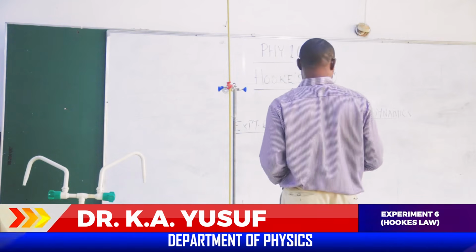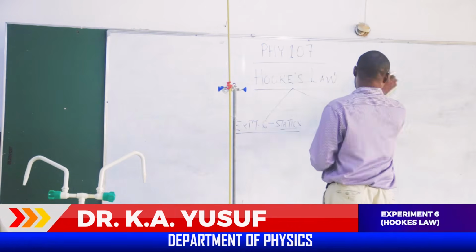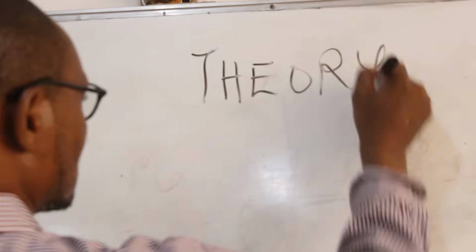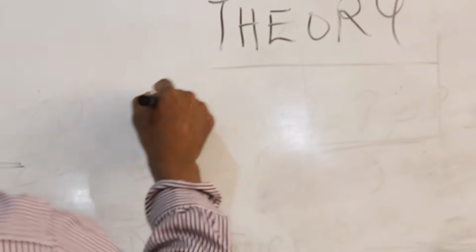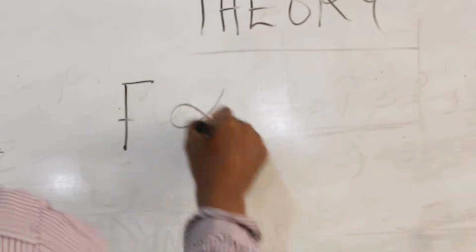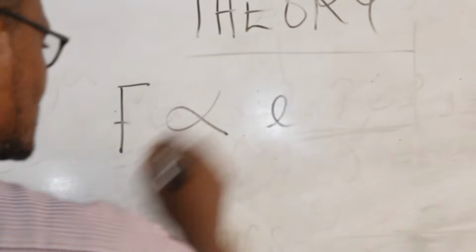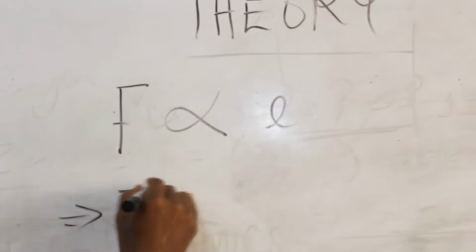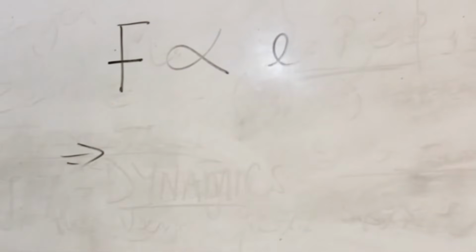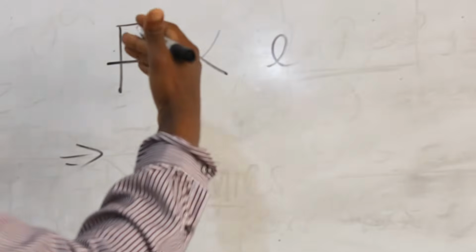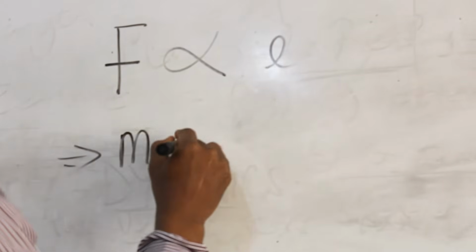Now, the background theory for this particular experiment is this. Based on Hooke's law, we have that the force is proportional to the extension, which implies that if you express force in terms of the mass, because we are going to make use of mass, we are going to convert the mass to force.